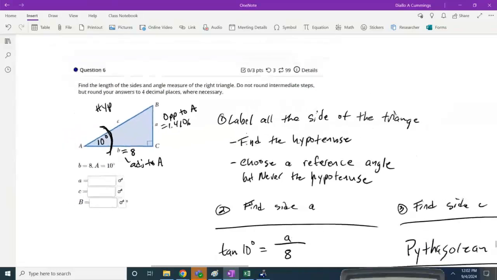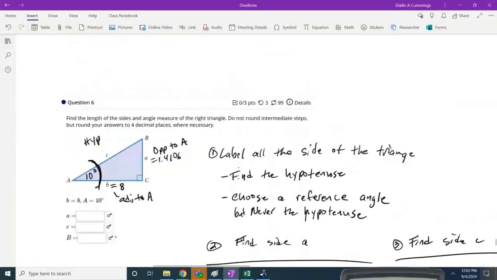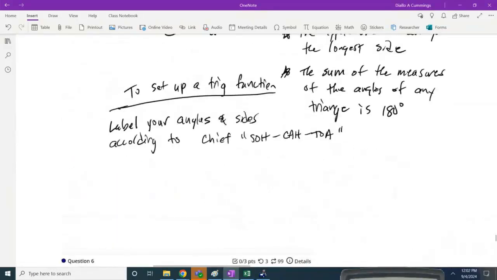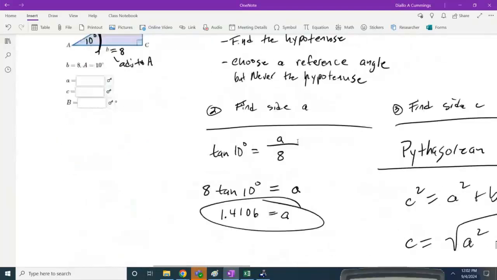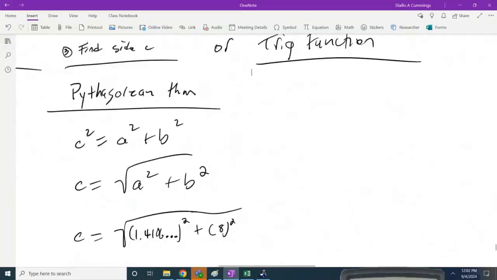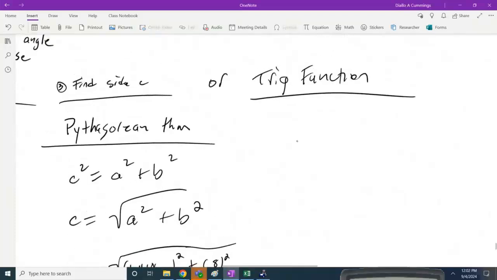We think about SOH CAH TOA, that would be a cosine function. The cosine of some angle is equal to the adjacent divided by the hypotenuse. So let me write that out. That would be the cosine of 10 degrees.